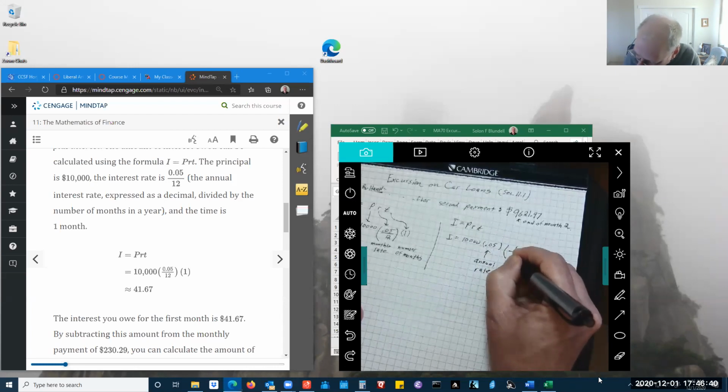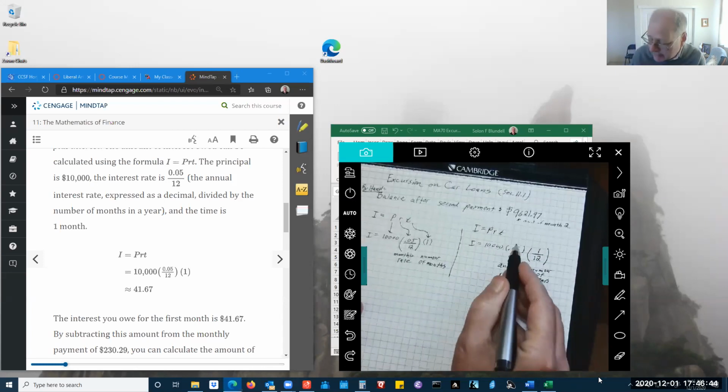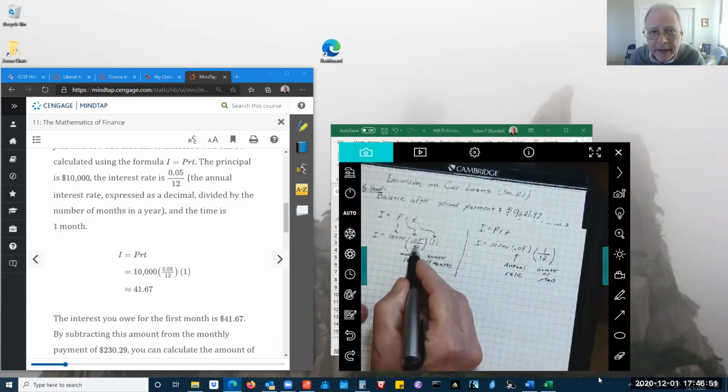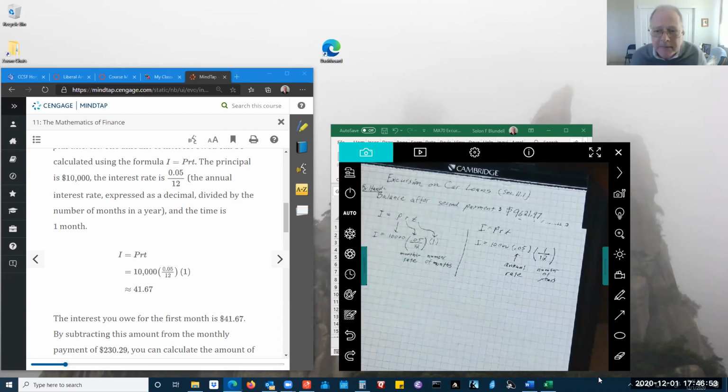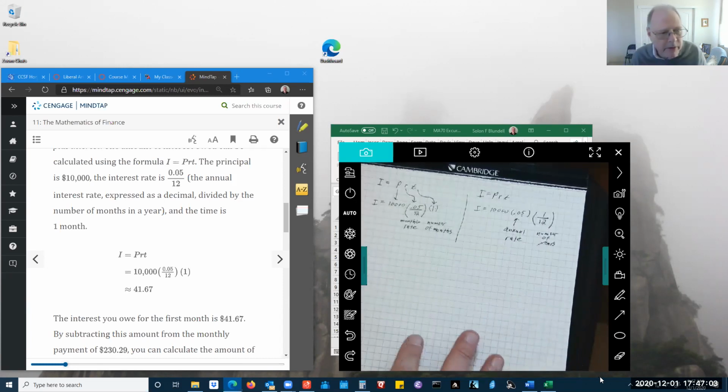And a month is 1/12 of a year. So if I'm going to keep it as an annual rate, I do the time in years. Or if I'm going to do a monthly rate, I put the time in months. And you can see the arithmetic's going to work out the same either way. All right.